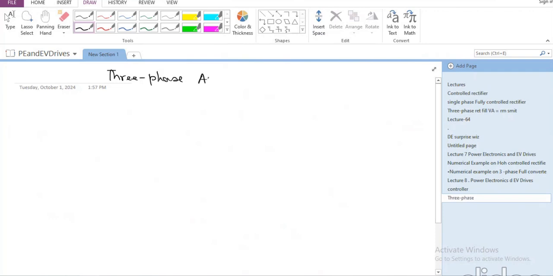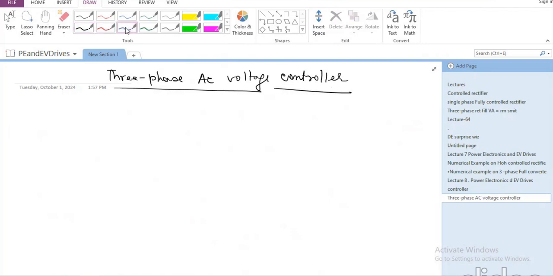So the next thing that we are going to see is the three-phase AC voltage controller. The three-phase AC voltage controller comes in many configurations, but I'm going to discuss only one particular configuration in this course.